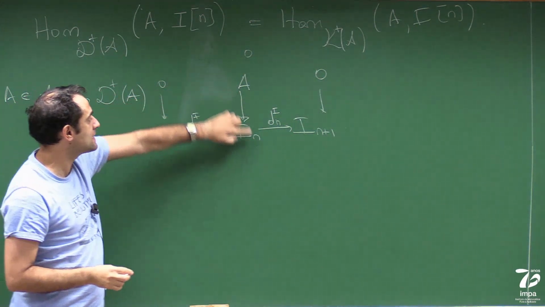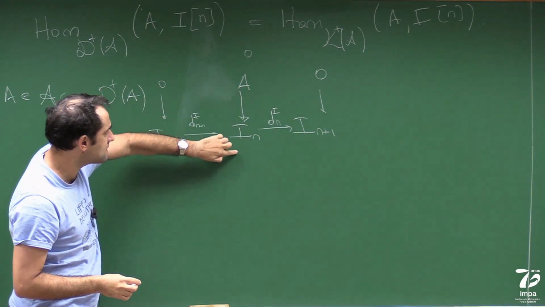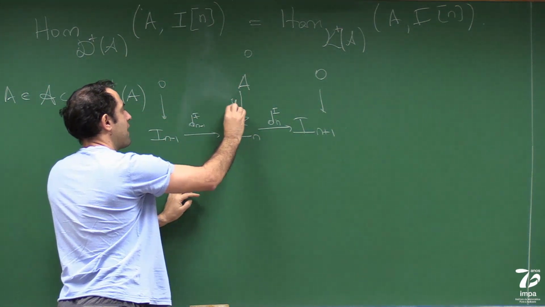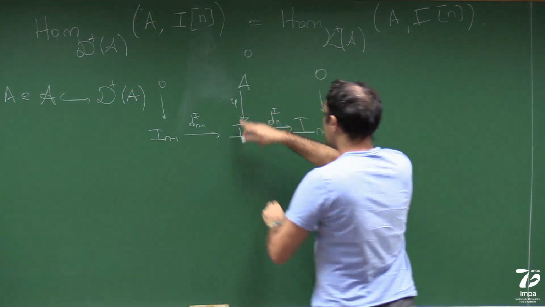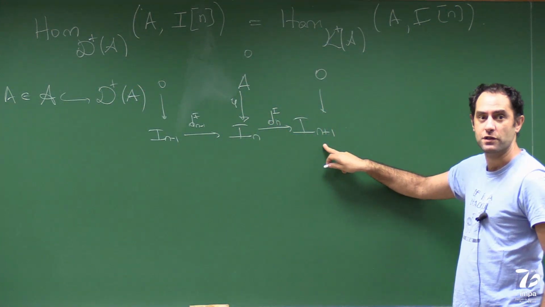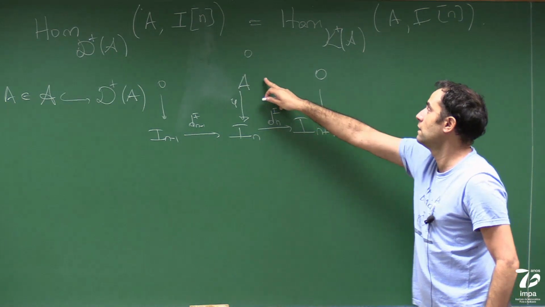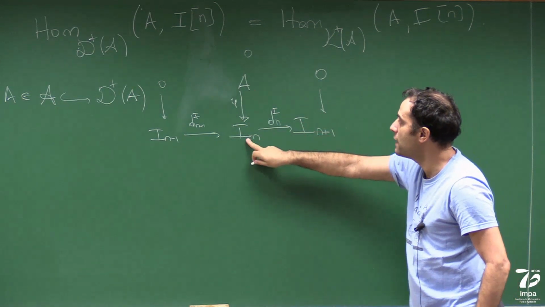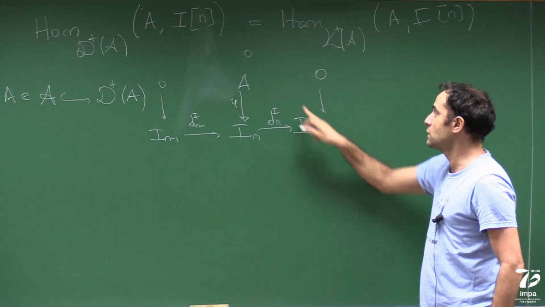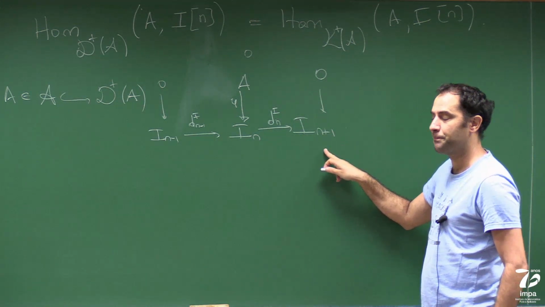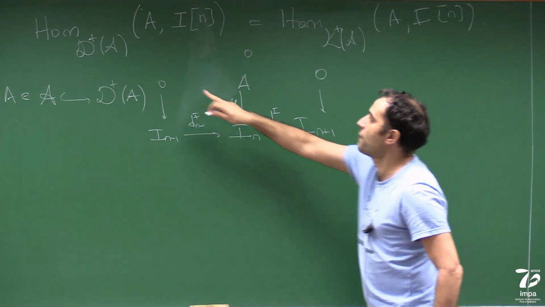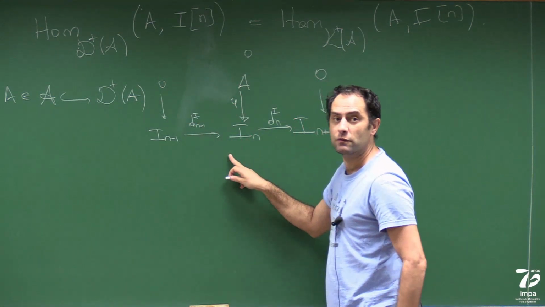But the fact that this is a map of complexes means that this map here, let me call this guy phi, needs to land in the kernel of this differential. Because for this to commute, I need to send phi of A, d^n of that, to the same thing as this, which is 0. And from this side, it doesn't matter, it's going to commute, of course.